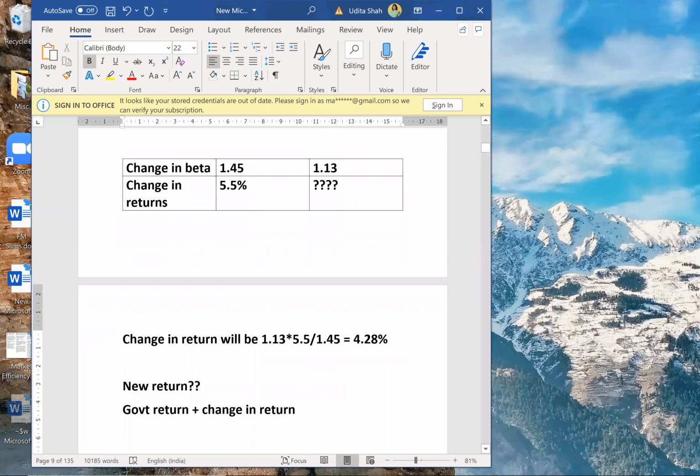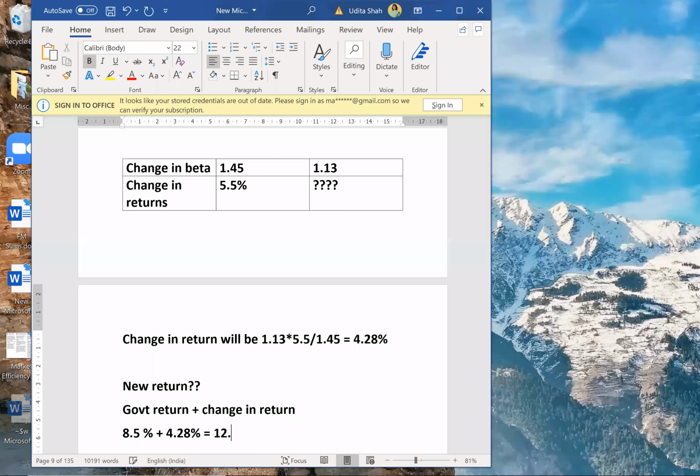So government return was how much? 8.5% plus change in return, 4.28%. So that is what? 12.78% is my final answer.